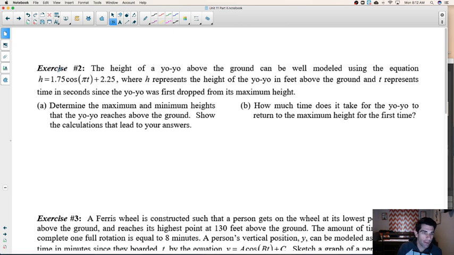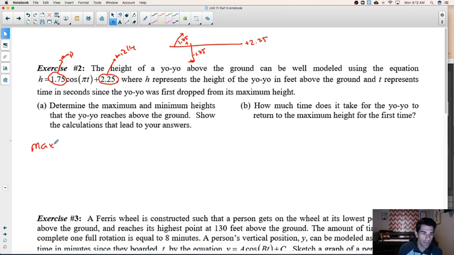So if you think about it, this was your amplitude, and then this is your midline. So if this is your midline, I know I went 1.75 above it, and I know I went 1.75 below it. So you would just take your 2.25, which is the midline, add 1.75 for your height, subtract 1.75 for your lowest or your minimum value.